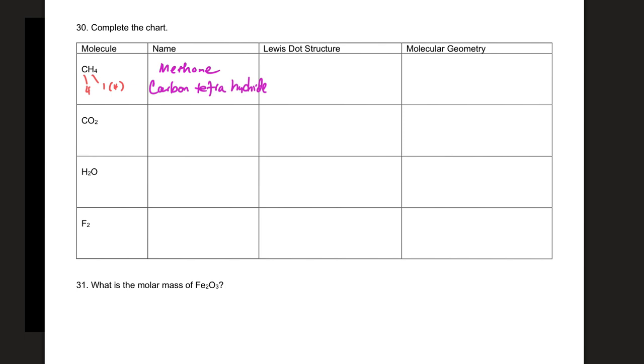Which means when we do the Lewis dot structure, we are going to get the carbon in the center. There's a hydrogen up top, 1 to the left, down, and to the right. Then the rule says give the atoms that have the higher electronegativity, in this case the hydrogen, the octet. Hydrogen can only fit 2 electrons. So we've got 1, 2.